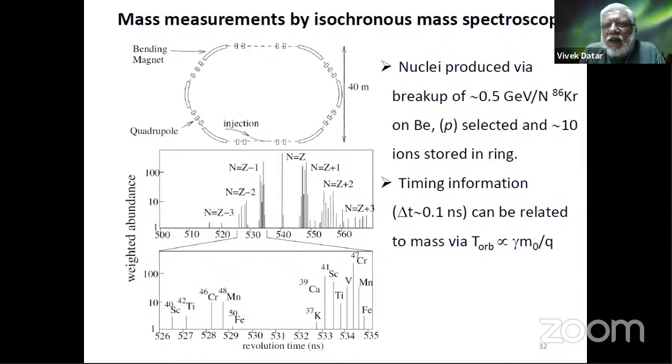And since you have excellent timing resolution of the pickup coils, from the orbital time you can tell what the mass is, because the path is fixed in this ring. So, for instance, you can get masses even for unstable nuclei to about 1 part in 10 to the 4, 1 part in 10 to the 5.